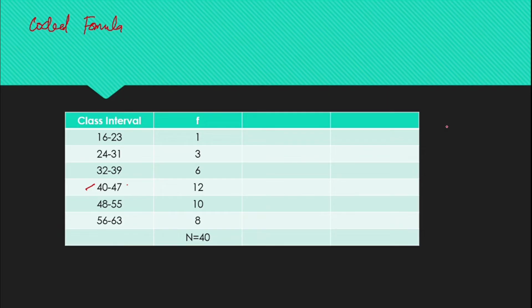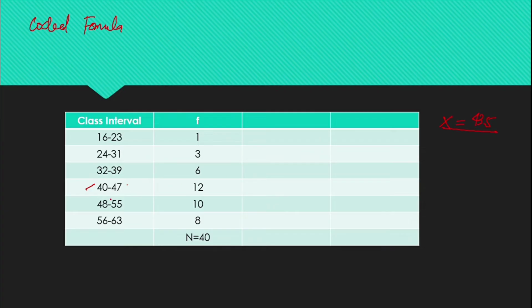So class mark x is 40 plus 47 divided by 2, we have 43.5. So our class mark is 43.5 here.